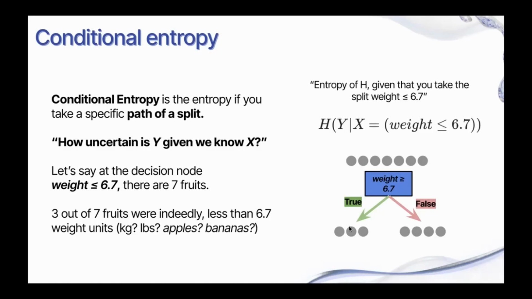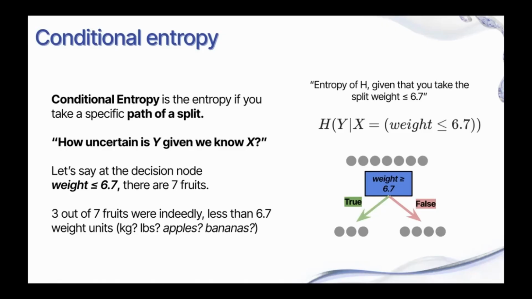That is all conditional means. We talked about how entropy is uncertainty. When you take the entropy here, you're talking about the uncertainty of the entire set. When you split it into a smaller group, you're saying how uncertain is this smaller group, given that we took this path? Does that make intuitive sense?